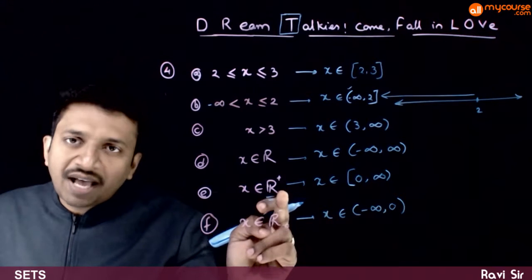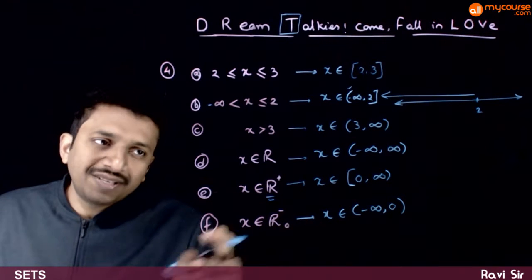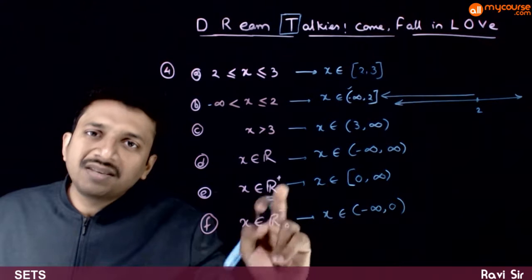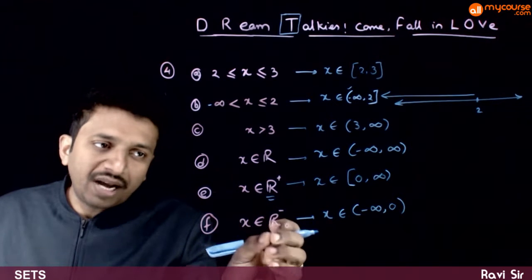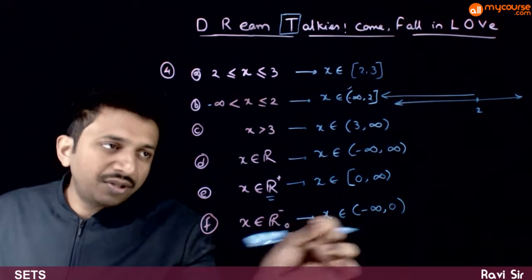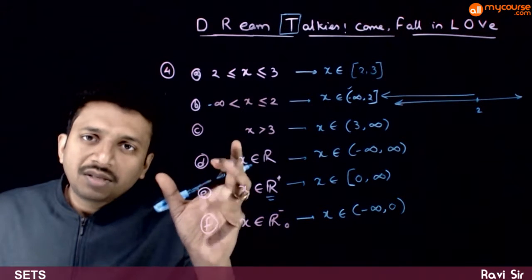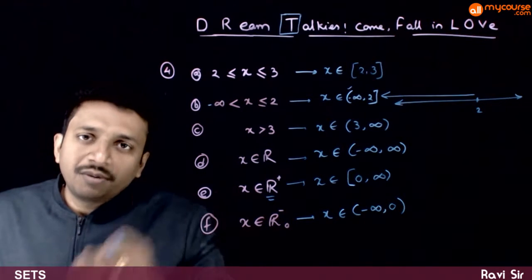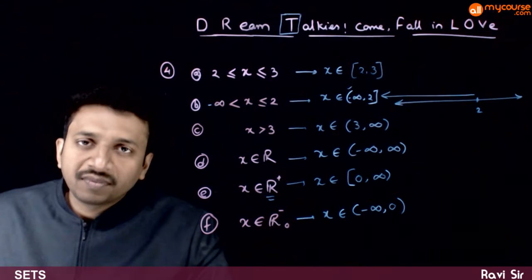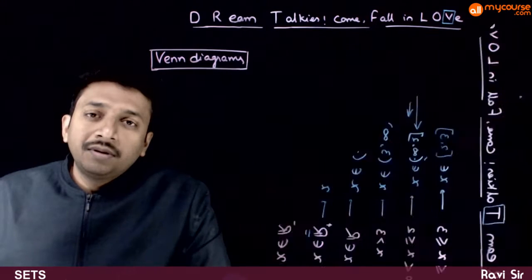So if you just write R plus, closed 0 to infinity. If you just write R minus, minus infinity to closed 0. If you write R minus excluding 0, then 0 is not included. So I hope you have understood these problems on intervals. Now let us go forward.